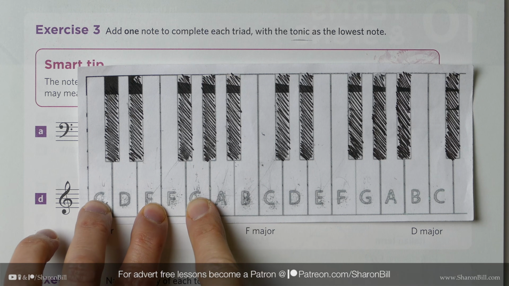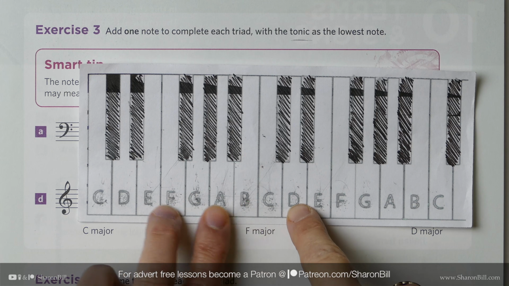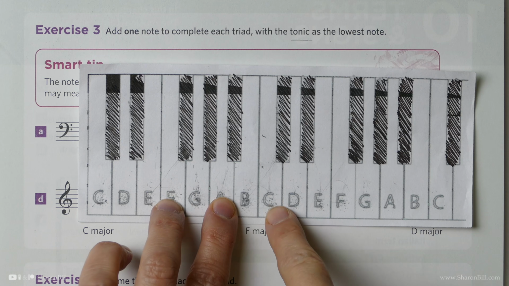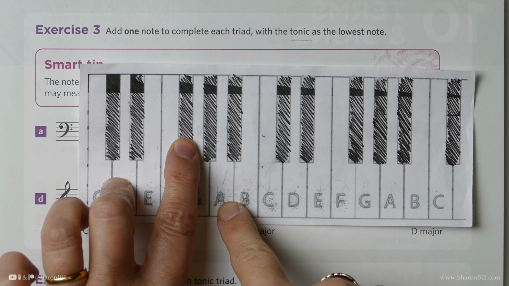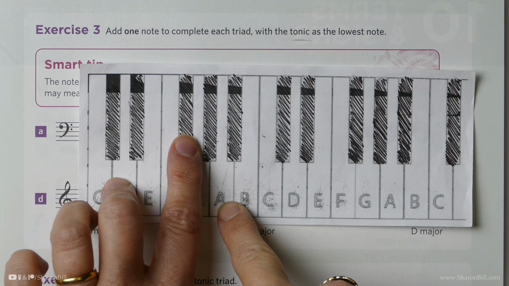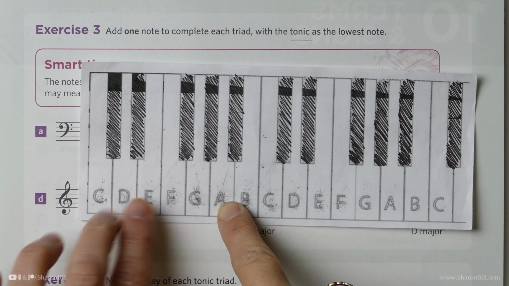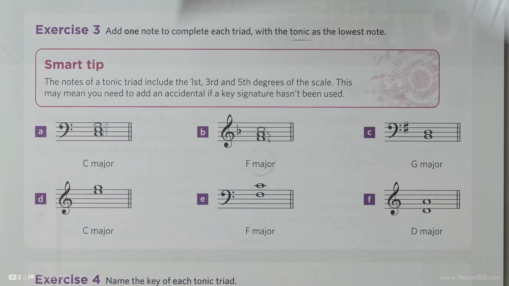And so that would be your C chord, that would be your G chord if you were playing a keyboard, that would be your F chord, F-A-C, first, third, fifth, and the D chord would have to have the F sharp, because the key signature F sharp must be active on this note F to make it D major, otherwise it would be a different triad altogether.